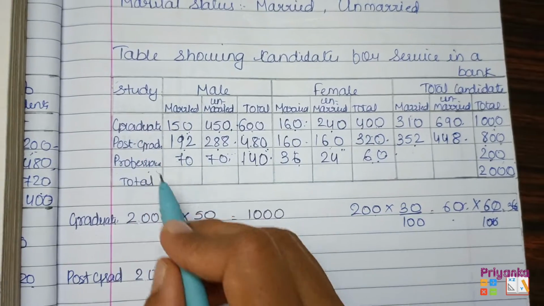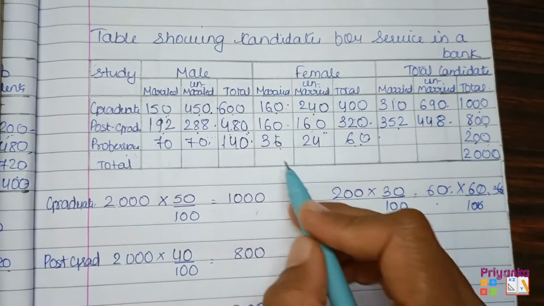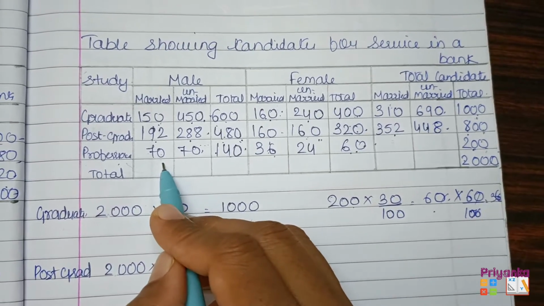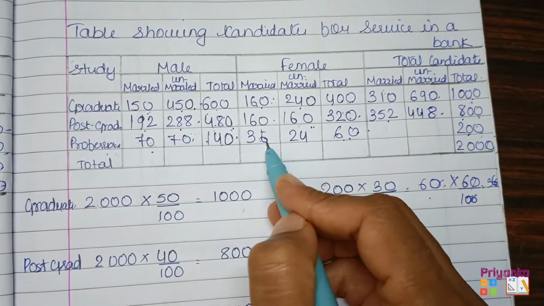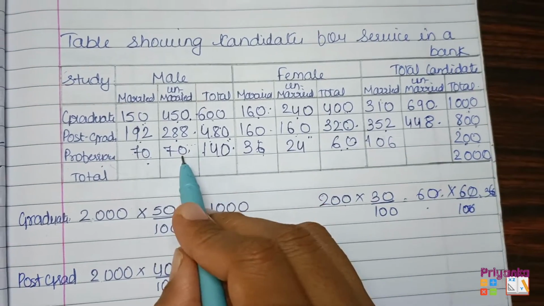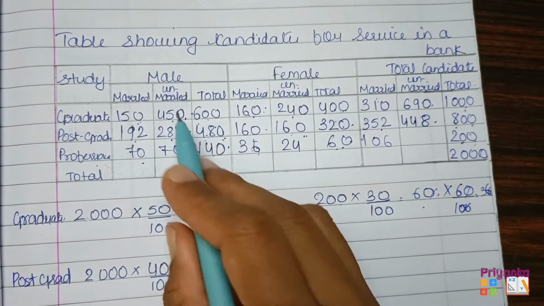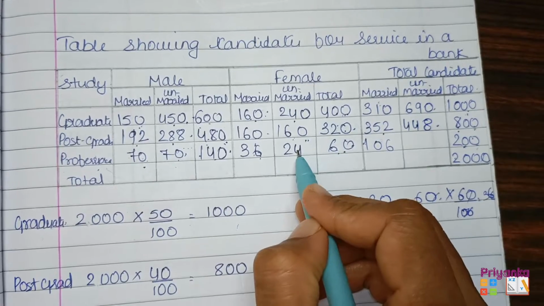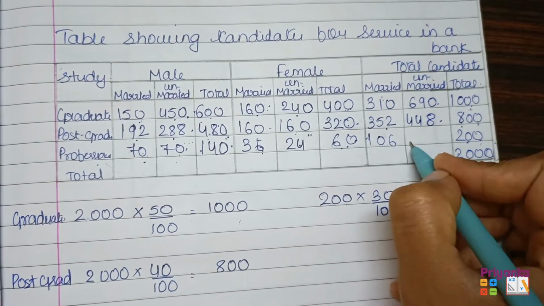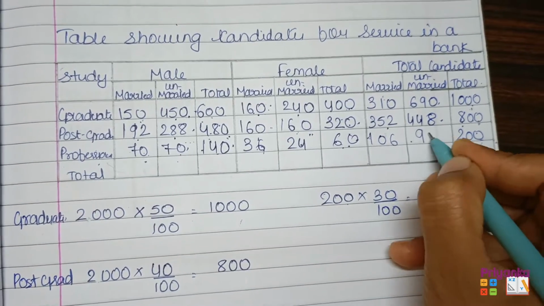So here we'll get the total number of male and total number of female. Let's count the married male and female, that is 70 plus 36, which gives 106. Similarly, the unmarried male plus the unmarried female gives the total number of candidates, 94.